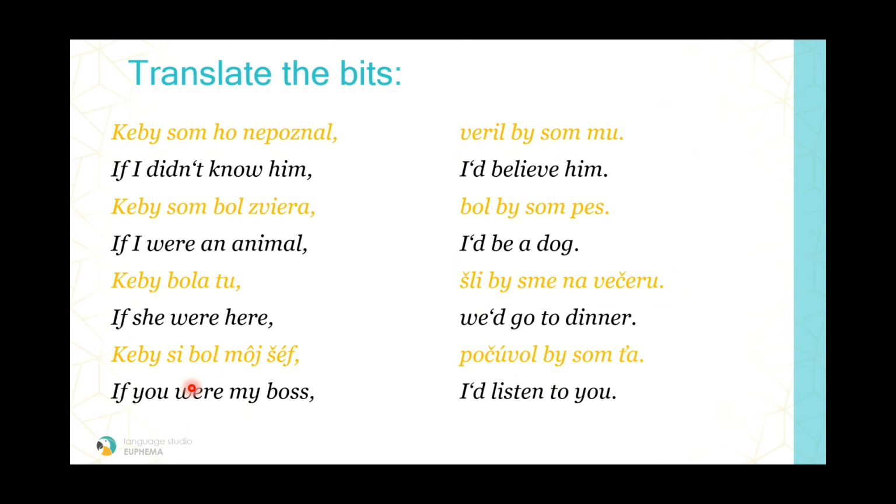I'd listen to you. Now, all sentences: if I didn't know him, I'd believe him. If I were an animal, I'd be a dog. If she were here, we'd go to dinner. If you were my boss, I'd listen to you.